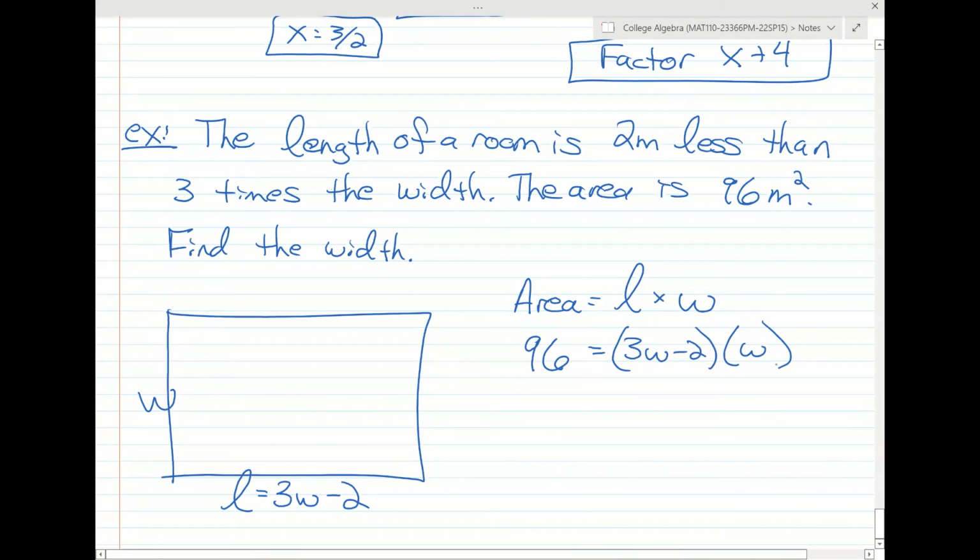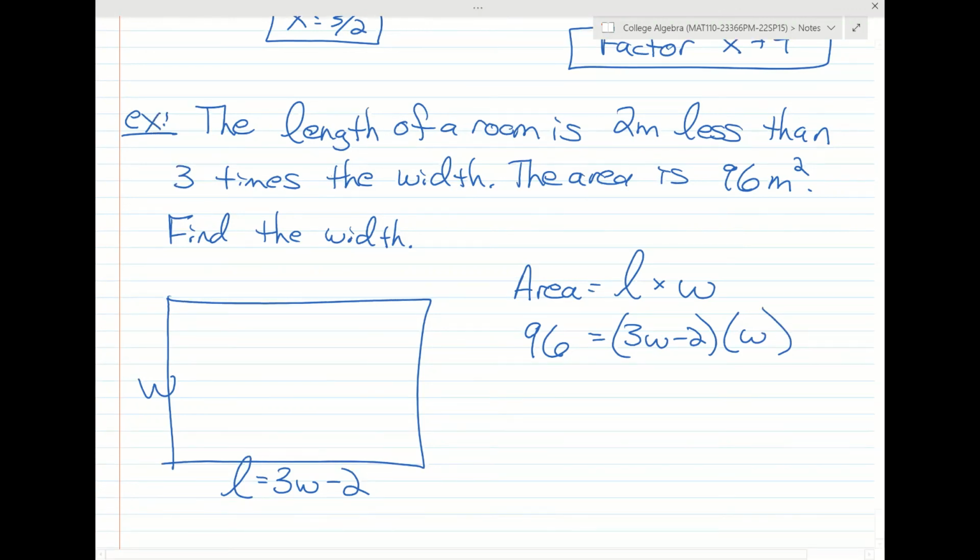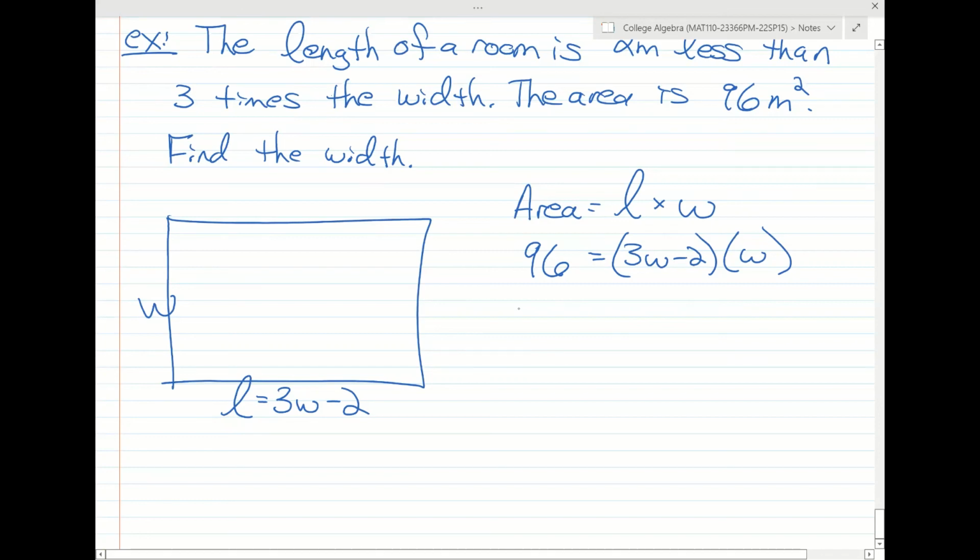All right, so what I would like you to do is just multiply it out and make it equal to 0. And if we do that, we get 96 is equal to 3w squared minus 2w. Bringing the 96 over.